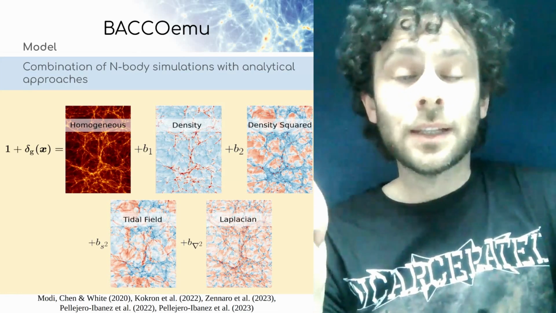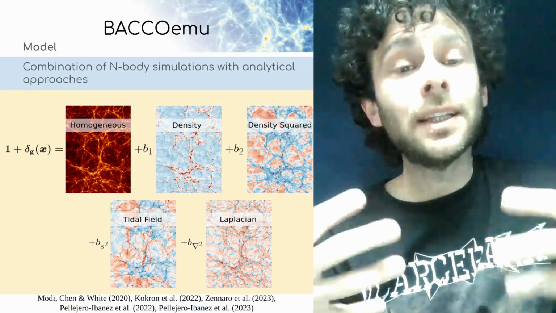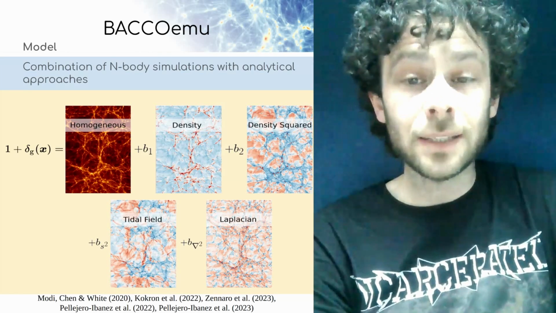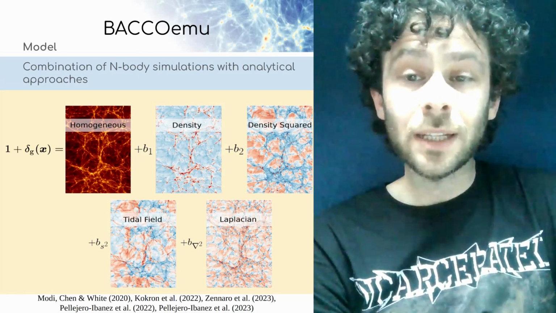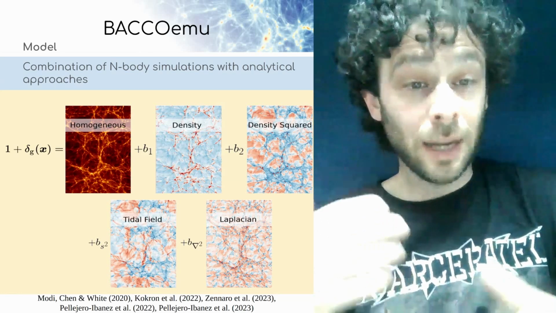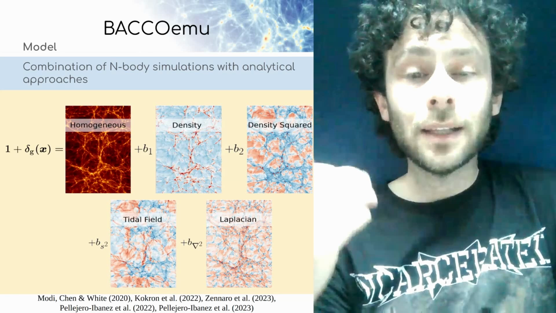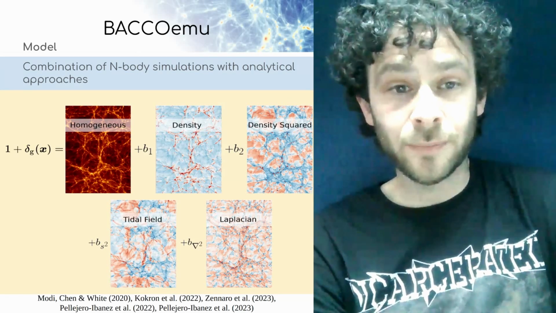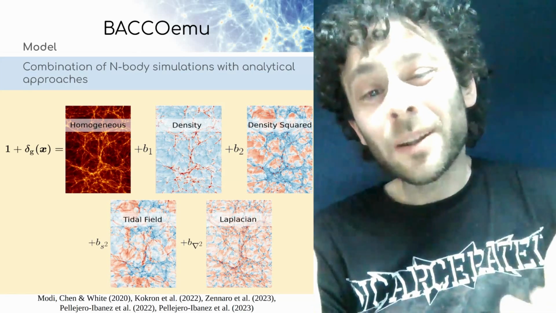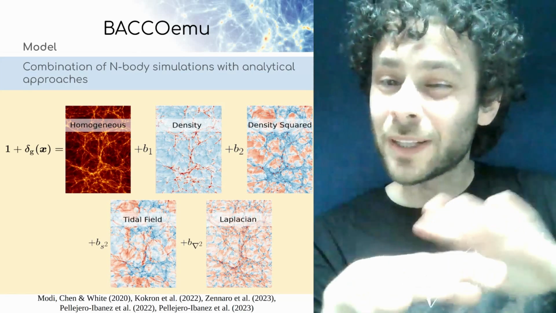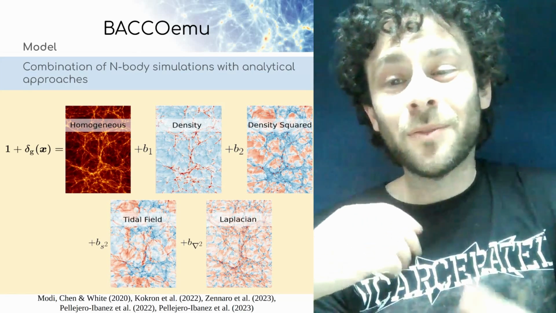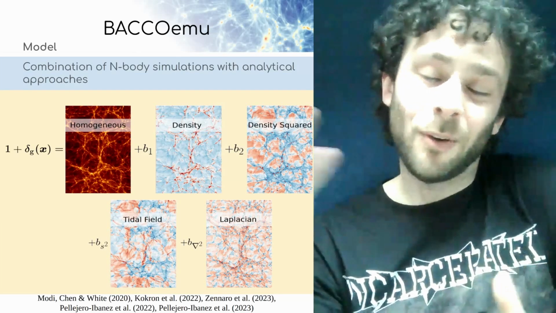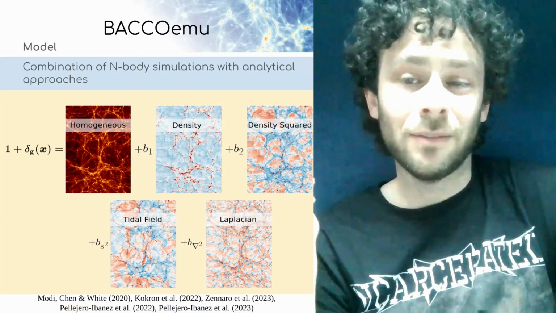One represents the tidal forces, potentiating the ability of filaments and sheets of the cosmic web to create galaxies, and the other represents a higher derivative term, the Laplacian of the linear density field, that encodes the possible dependence of galaxy formation on its curvature. We can include more terms, but we decided to stop at second order for this model, since we expect higher order terms to be less relevant.